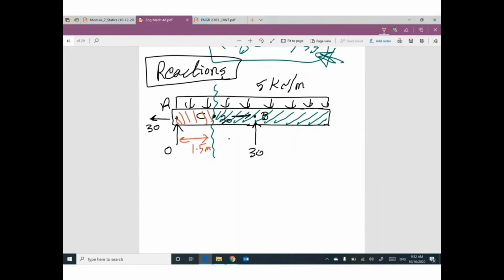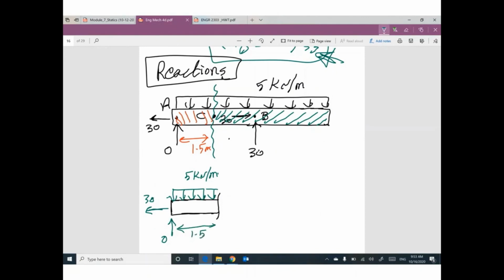I will decide to take the left part. I did the cut here. What do you have? I have vertical reaction 0. I have horizontal reaction 30. I have a little bit of the uniform distributed load, and this distance is 1.5.